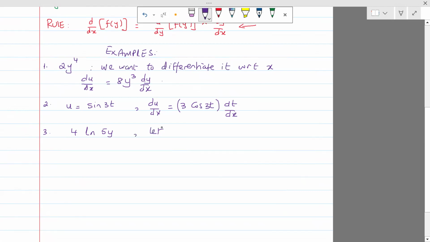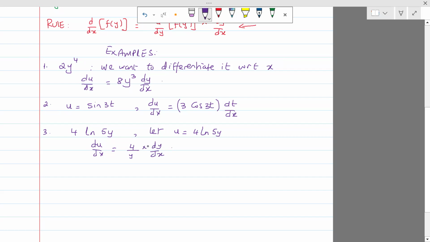Again, you can say let u equal, it's up to you, or you can do it directly. So then du by dx becomes 4 over y times dy by dx.